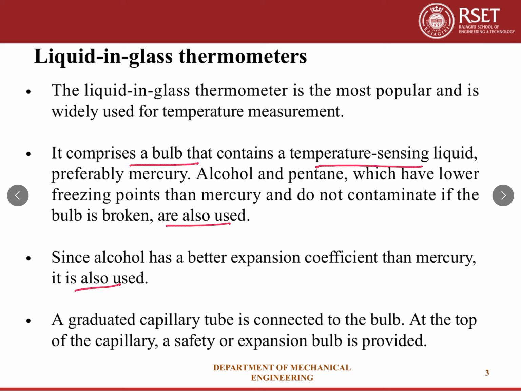A graduated capillary tube is connected to the bulb. As we have seen in our thermometer, you can see a bulb at its bottom. So that is the basic component. It contains the mercury, and a graduated capillary tube is connected to the bulb. At the top of the capillary, a safety or expansion bulb is also provided.